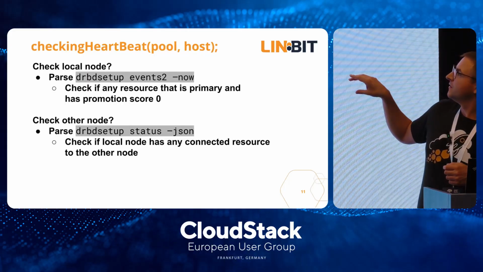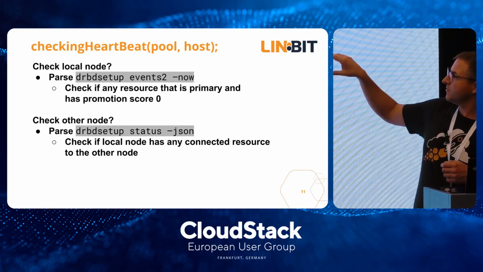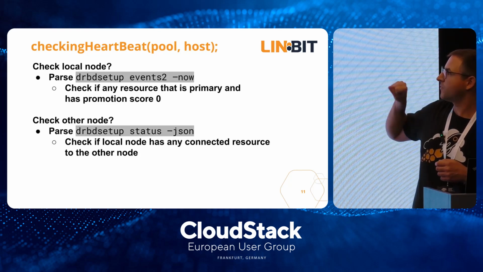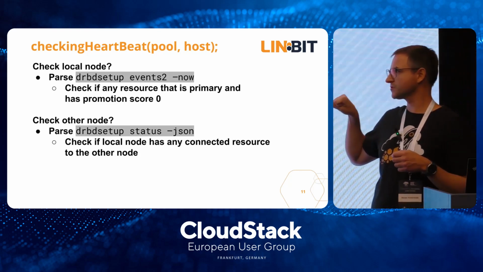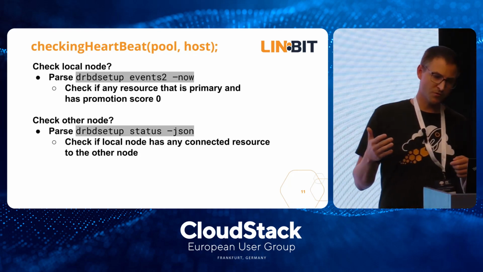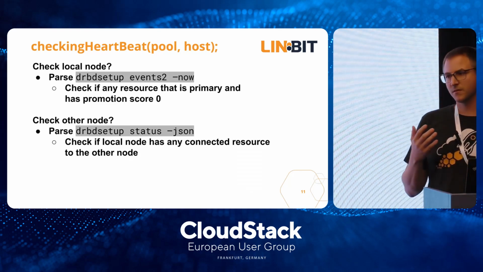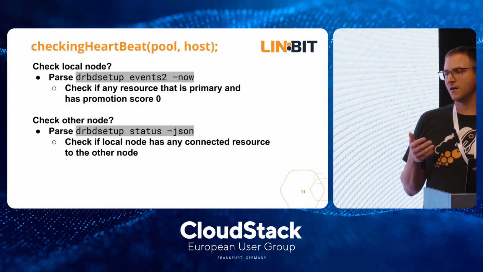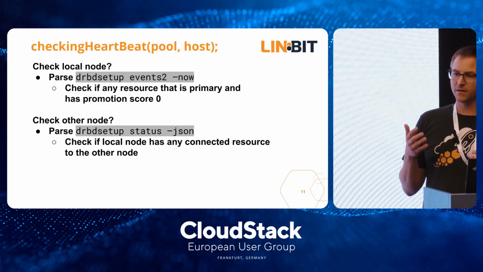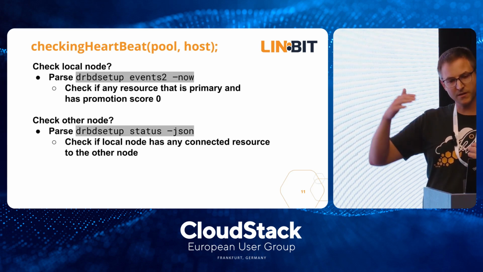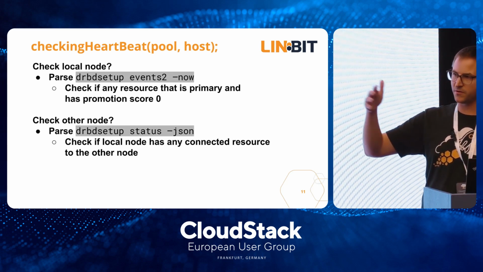And in this output, we check if any resource on this node is primary but has a promotion score of 0. The promotion score is some indicator of how likely DRBD thinks it should get primary on this node because of certain assumptions.